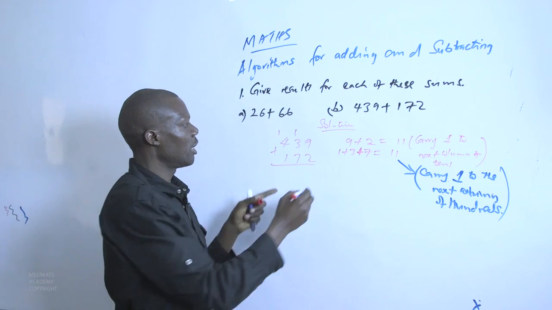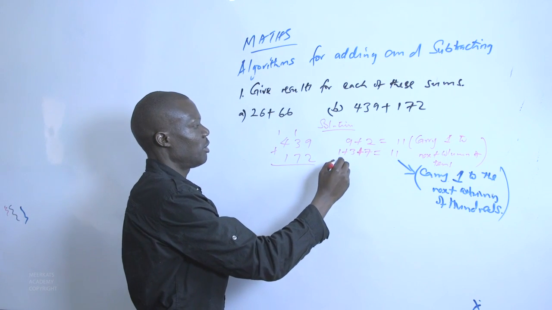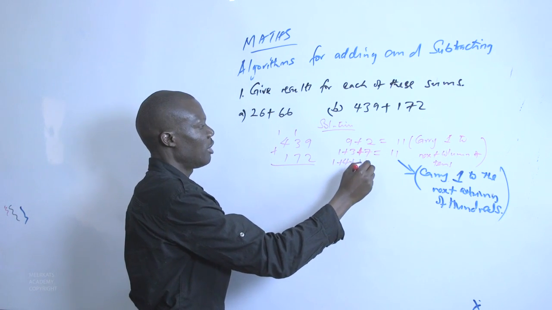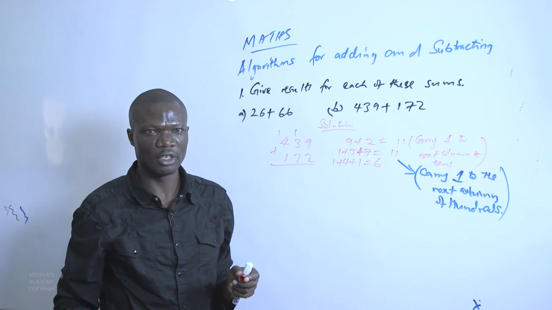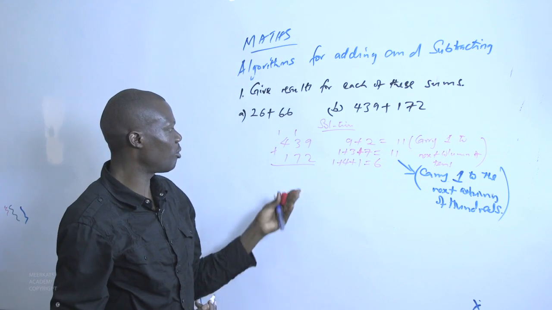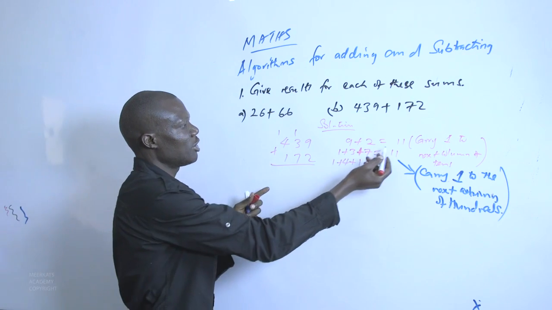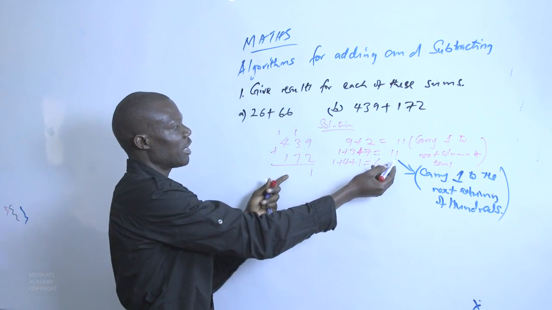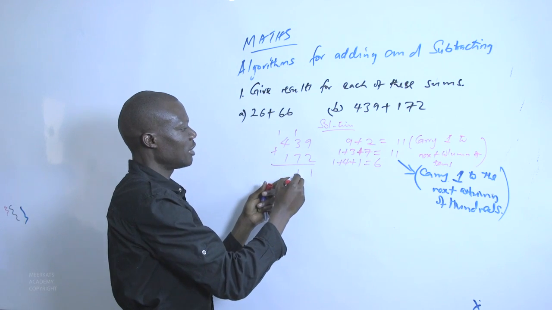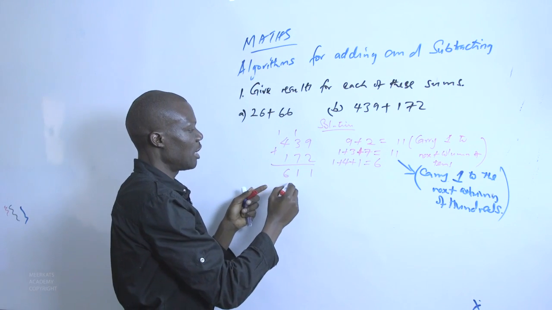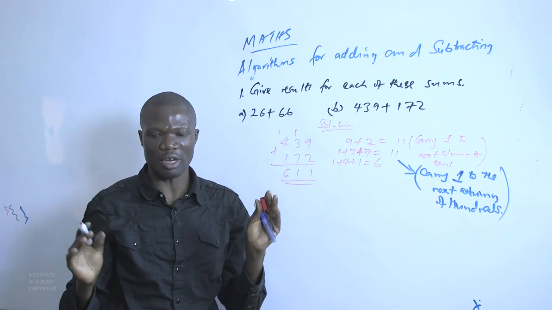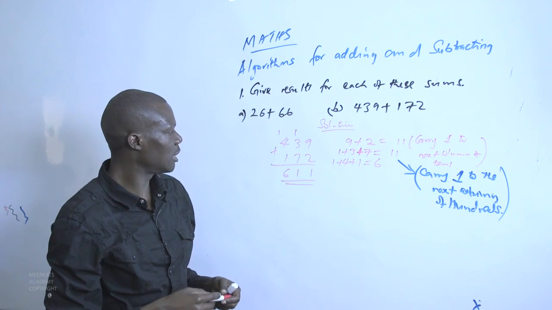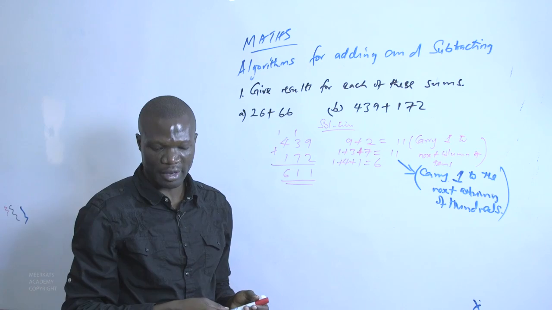So it will be now 1 plus 4 plus 1, which gives us a 6. So to wind up and get our answer, this was 11 and we carried 1, so this one is 1. This one is again 11, we carried 1, this is 1, then this one is giving us a 6. So we find that our answer is 611.